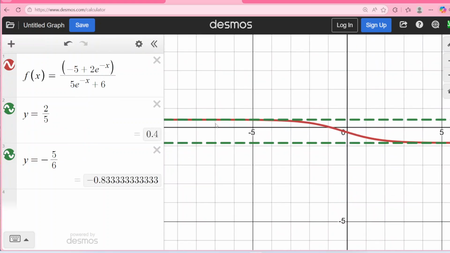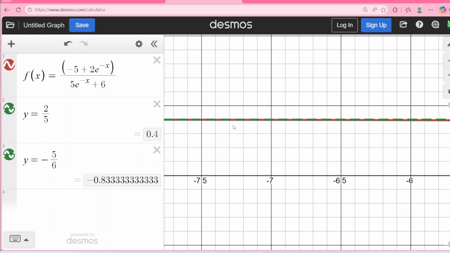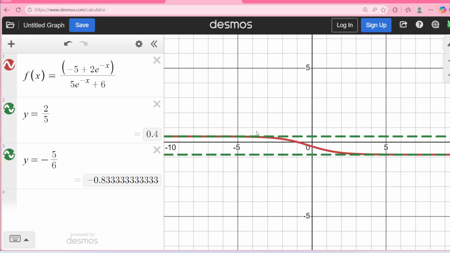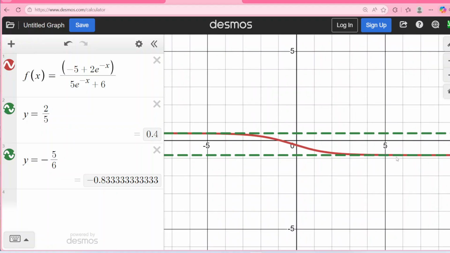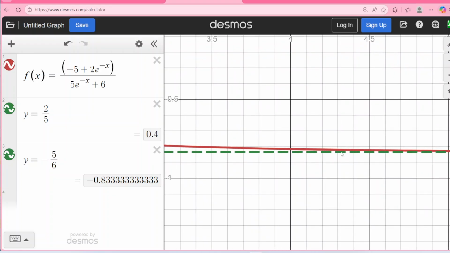All right, so you see on the far right, the graph's approaching the line y equals 2/5. If I turn that off and on, you see how it's right on top of that almost. And then on the far left, approaching 2/5, and then on the far right here, it's getting closer and closer to this y equals negative 5/6 line, the 0.833 forever, negative 0.83 forever.